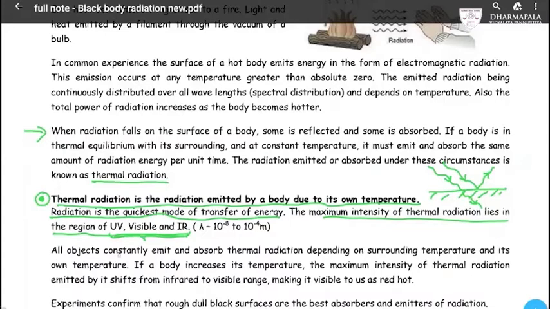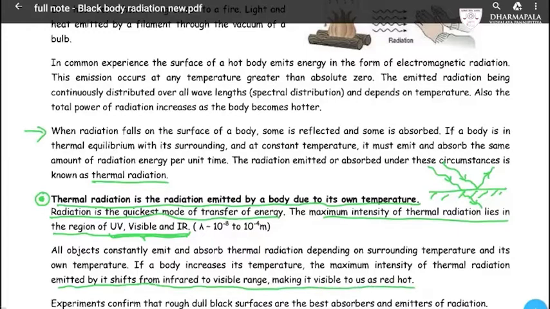All objects constantly emit and absorb thermal radiation depending on surrounding temperature and their own temperature. If the body increases its temperature, the maximum intensity of thermal radiation emitted by it shifts from infrared to visible range, making it visible to us as red hot.